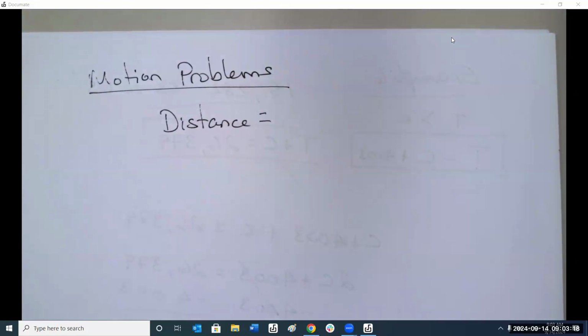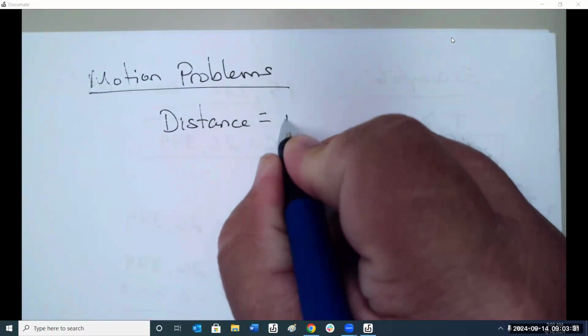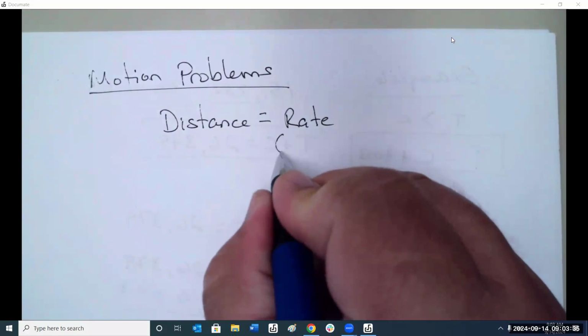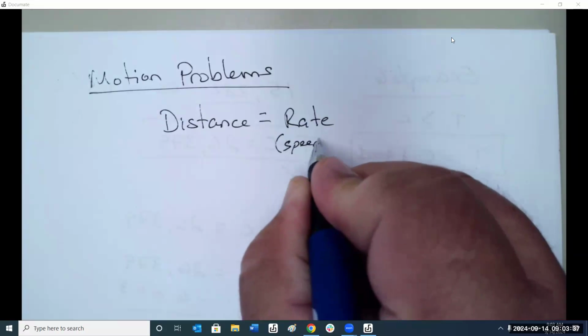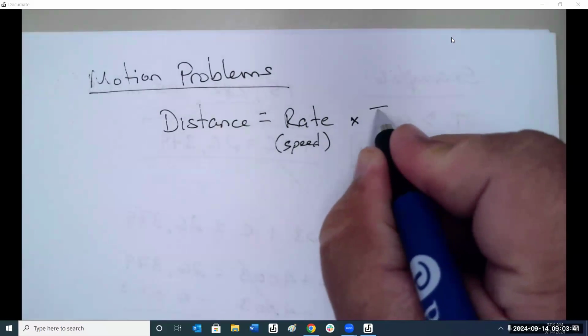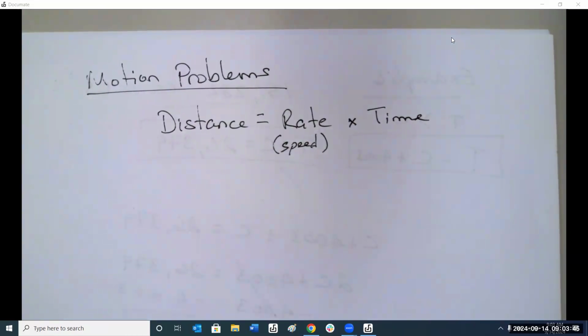Unlike the distance we had in chapter 1, the Pythagorean theorem, the square root of x squared plus y squared, what this one says, the distance something travels is related to its rate, or the speed at which it travels, times the length of time in which it travels at that rate.